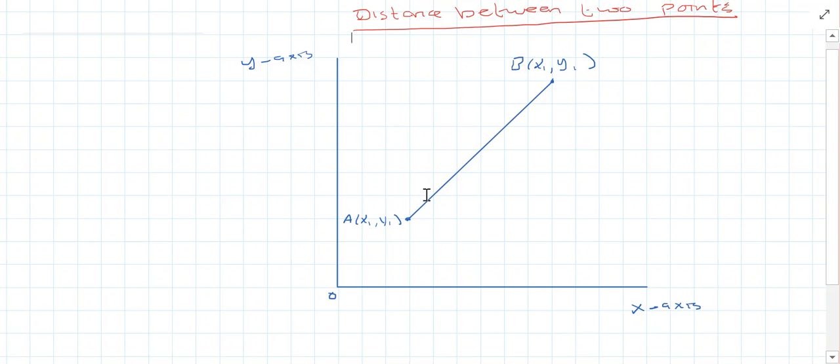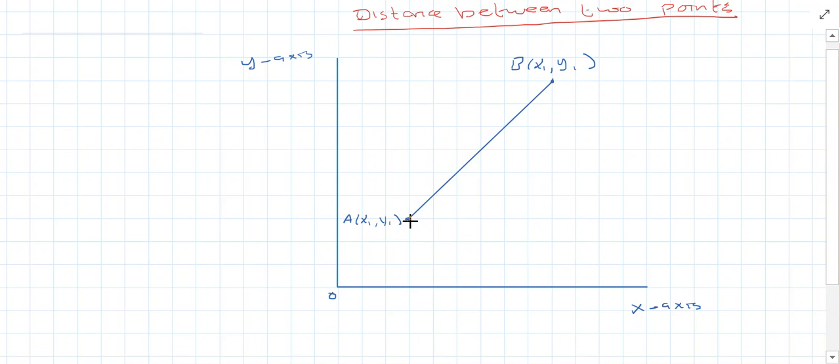So in order to be able to work this one out, what we need to do is take into account this idea with triangles and what's known as Pythagoras' theorem. So we can take this line here and turn it into a right angle triangle. Let's look at what that would look like.